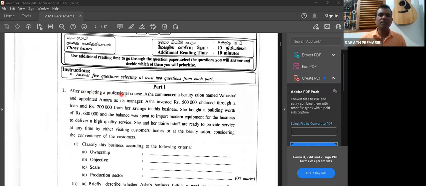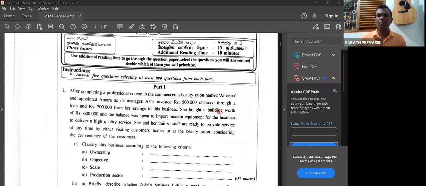After completing a professional course, Asha commenced a beauty salon named Amasha and appointed Amara as its manager. Asha invested 500,000 obtained through a loan and rupees 200,000 from her savings in her business.